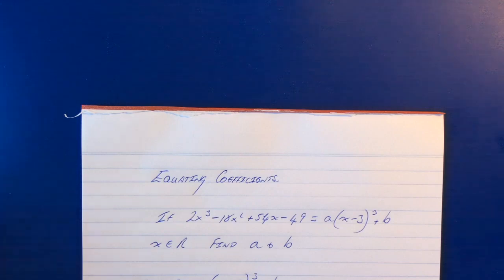Today we're looking at equating coefficients, and when people see this done and it's not explained to them that that's what's going on, this looks terribly confusing. It's a lot of numbers and letters, and it's a little difficult to see what's going on.